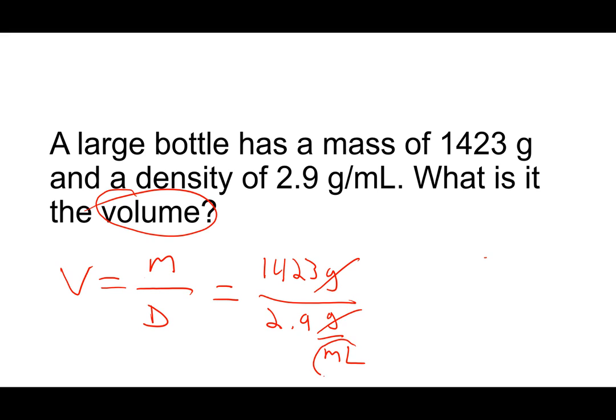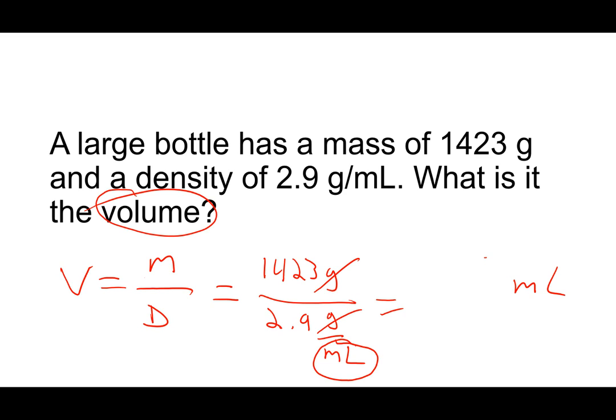And when milliliters is on the bottom of the bottom, it's going to go on top. That's something we saw last semester. Because when I divide by 1 over milliliters, it's the same thing as multiplying by milliliters. Milliliters goes on top.